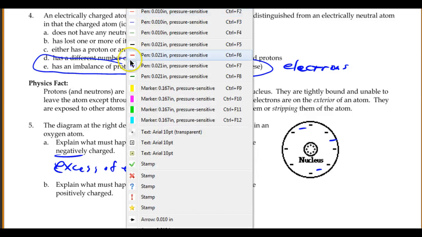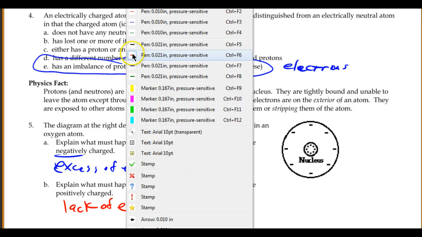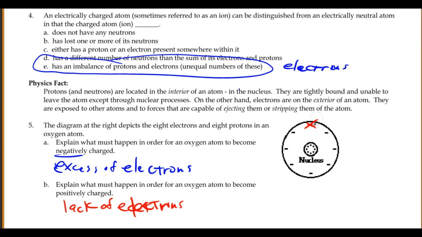If I want it to become positively charged, then I need to have a lack of electrons. I need to reduce the number of electrons that I have. So I'm going to get rid of some of those electrons, get rid of all the extra ones that I brought in, and I would also have to X out or get rid of, strip away or send away at least one more electron.